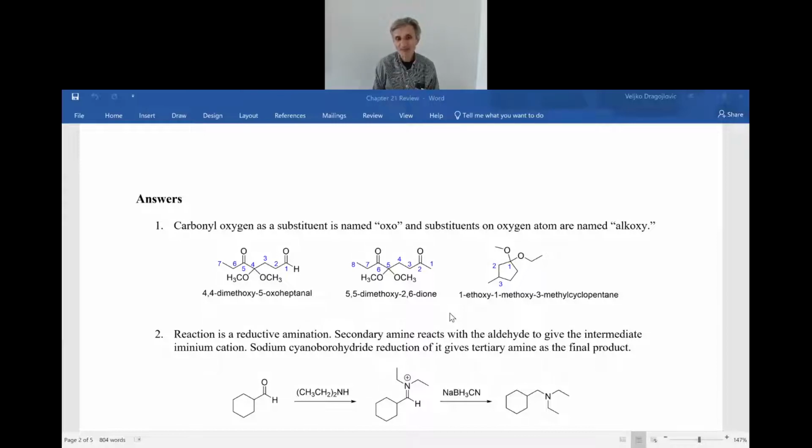And we need to number the two carbonyl groups in such a way that they get the smallest possible numbers. And so if you number the chain in such a way, the two carbonyl groups will get numbers 2 and 6. So this is 2,6-dione. The number of carbons is 8. So it should be actually octadione. I noticed I missed here octa. Okay, so I will have to include that.